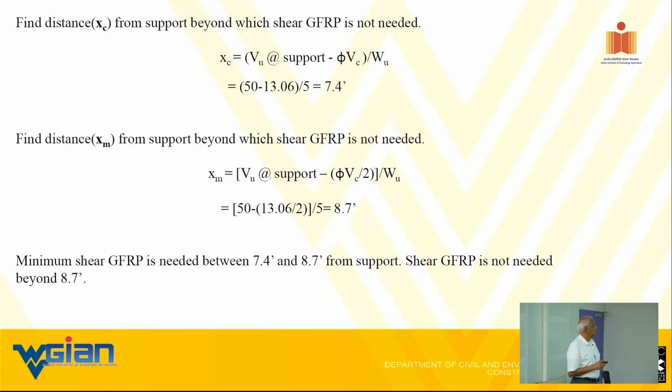Between 7.4 and 8.7 feet from the support, you don't need it. So we are trying to provide the stirrups in that zone. So minimum shear reinforcement is needed between 7.4 and 8.7 feet from the support. Shear GFRP is not needed beyond that. Now you know how to compute that number. That's the magic number. Yes. Okay.